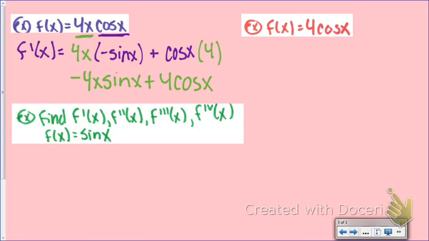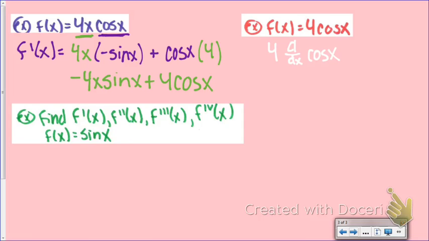Now be careful that you don't make these a little bit more difficult than you need to. Okay, so if I look at this next one, I have 4 times the cosine of x. Now, you only need to use the product rule when you have two functions multiplied together. Now, if I have something like 4, if you remember, that's just a constant number. So we learned with a derivative that I can just take that 4 and move it to the front. So it's going to be the same thing as 4 times the derivative of cosine x.